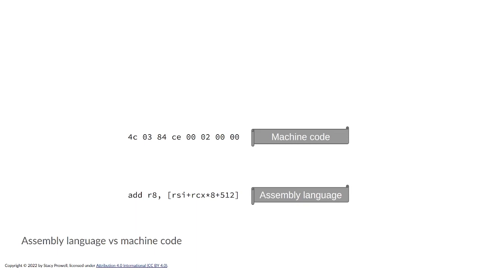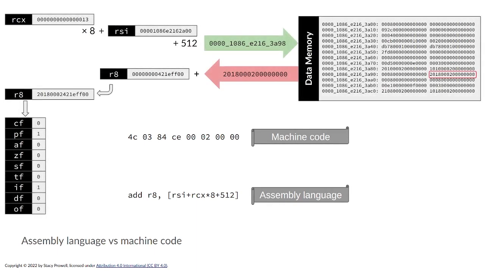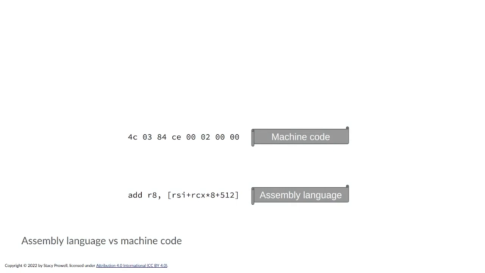And if you look at the assembly language, you'll see parts of all of that other stuff represented in there. For example, you'll see that there are register names, like R8, RSI, and RCX explicitly in there. You'll see that we have a mnemonic, which is a fun word.